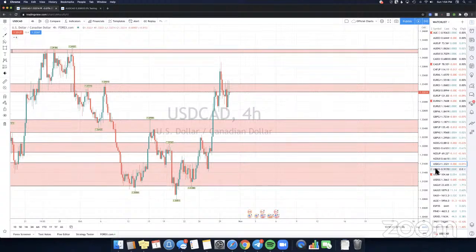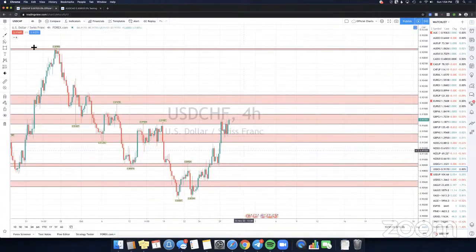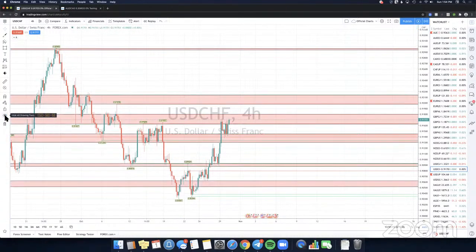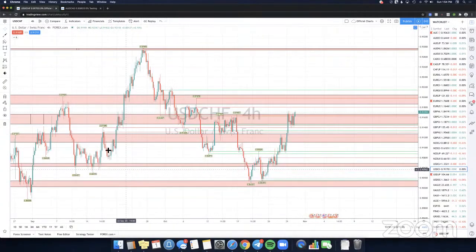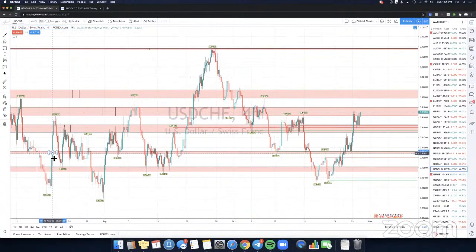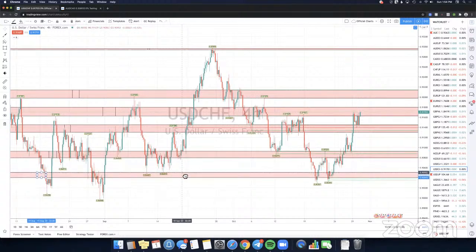Move on to the next one, USDCHF. I'm going to turn on the K2SR indicator, see if they match up with last week's zones. They line up perfectly. Looks like there's a new zone that was created right here. What we can do is just move this zone down because it's pretty close right there. Looks like there's no zone here anymore.